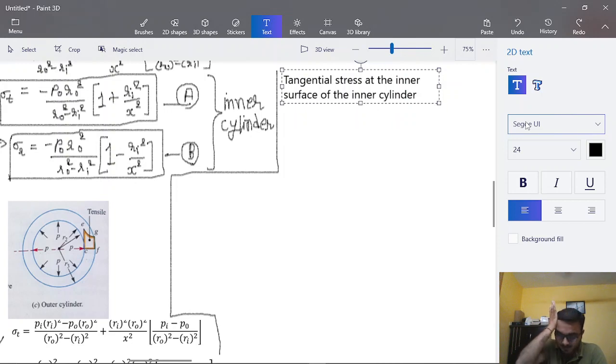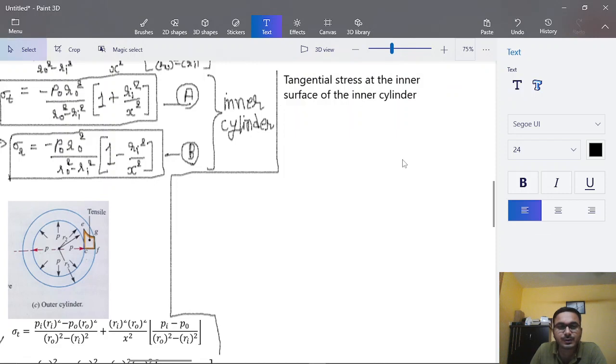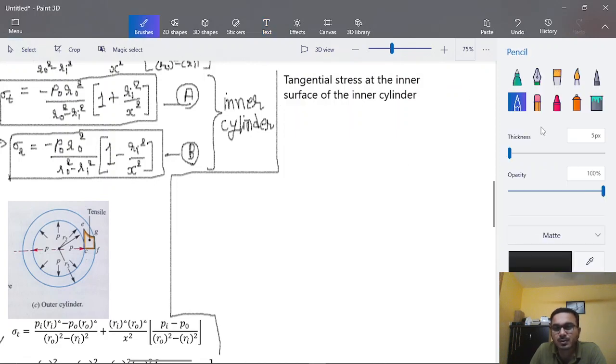For the tangential stress at the inner surface of the inner cylinder, instead of this x, we need to put R1.